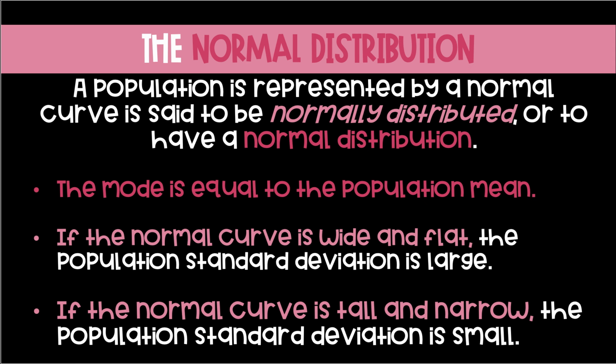If you're being told that a probability density distribution is normal, then the following apply. The mode is equal to the population mean and also equal to the median. And if your normal curve is wide and flat, we have a population standard deviation that is large. And if the normal curve is tall and narrow, then we have a small population standard deviation.